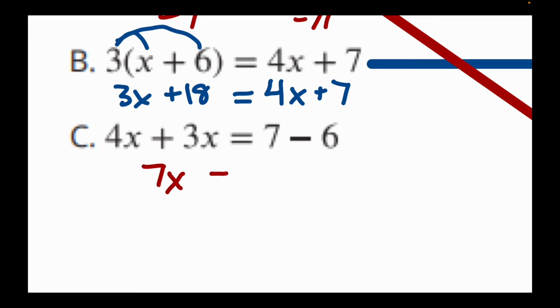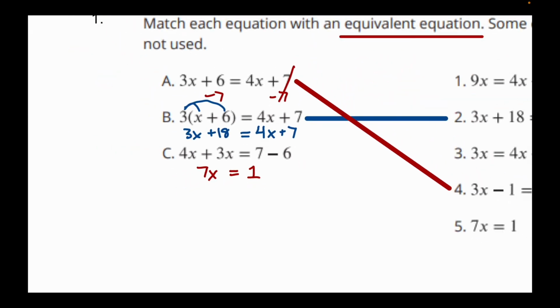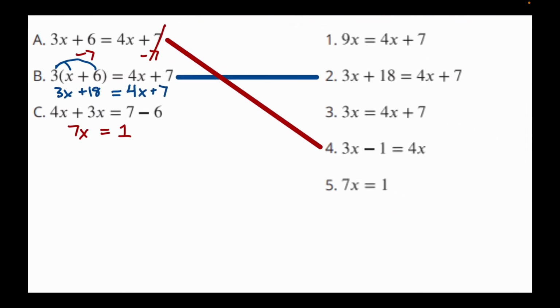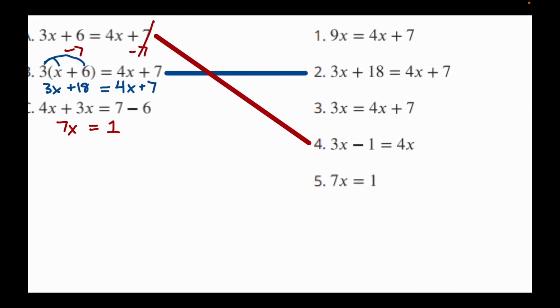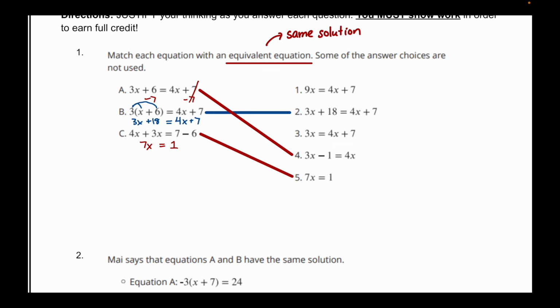And then 7 minus 6 is just going to be positive 1. So I'm going to have 7x is equal to 1. And that's the answer that we have down here on number 5. So we're going to connect these here, and that's how that would match. They did say match it with an equivalent one. So the other questions here, they did tell us might not be used. We're not going to match them with multiples.